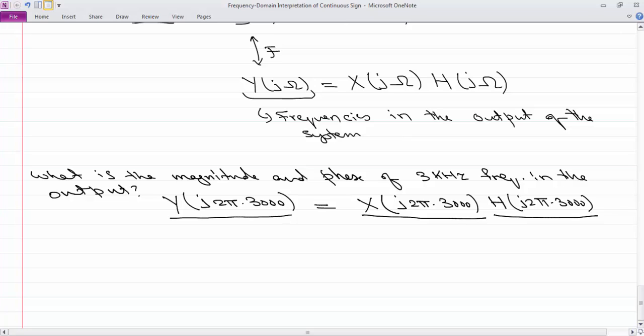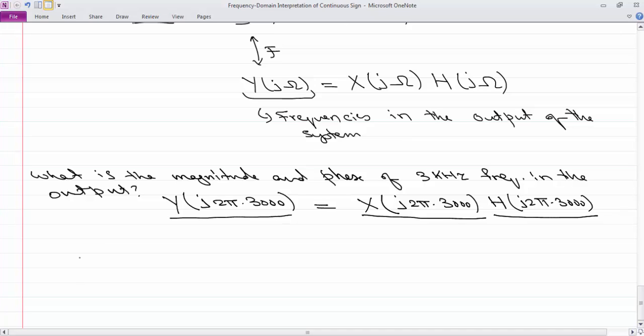So the input-output relation is simply given by multiplying your input frequencies with the frequencies of your impulse response. It's just a multiplication operation, and there are 3 or 4 basic lessons that we can derive from what an LTI system does on inputs.